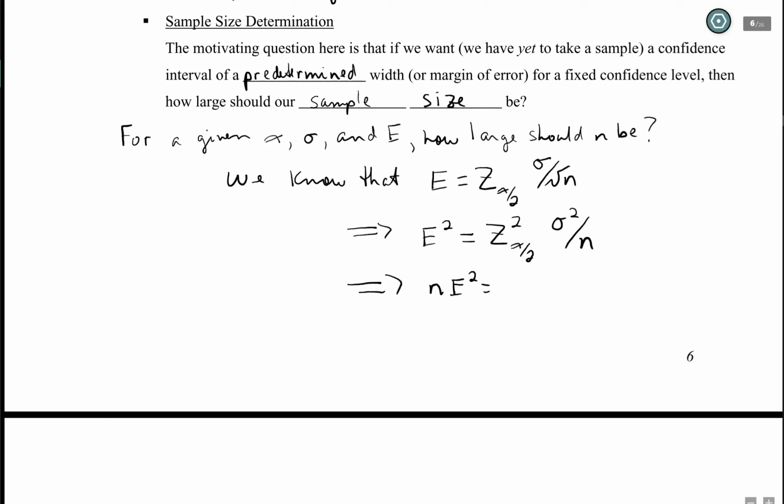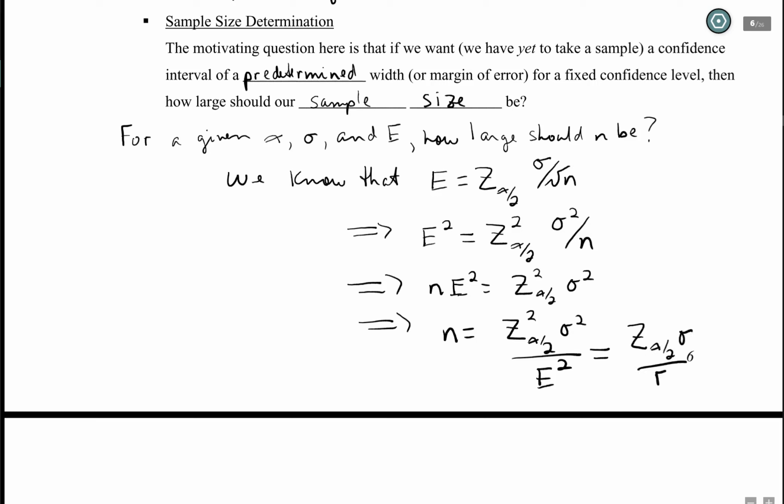So you have N E squared equals Z squared times sigma squared. And then going one step further, solving for N by itself, you divide both sides by E squared. And you get this expression here. Sometimes you may see it, I think the book presents it this way.